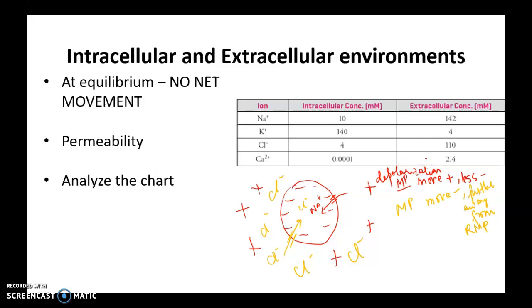Good. What happened as we had chloride entering the cells? The inside became even more negative and moved further away from resting membrane potential, a condition called hyperpolarization. Okay.